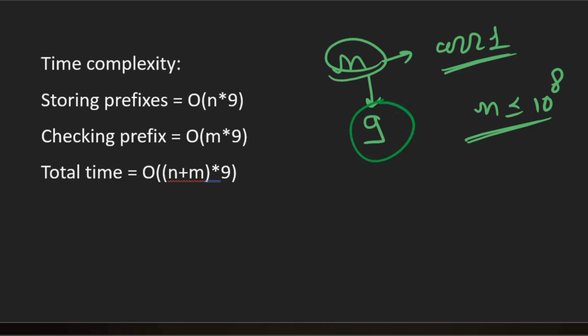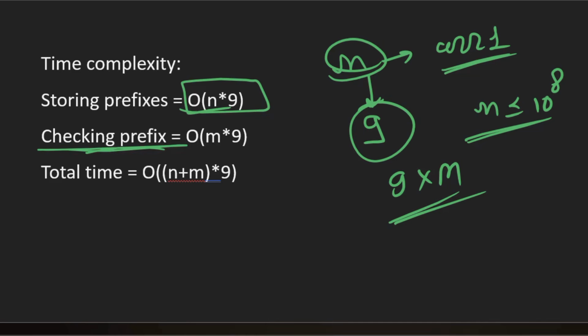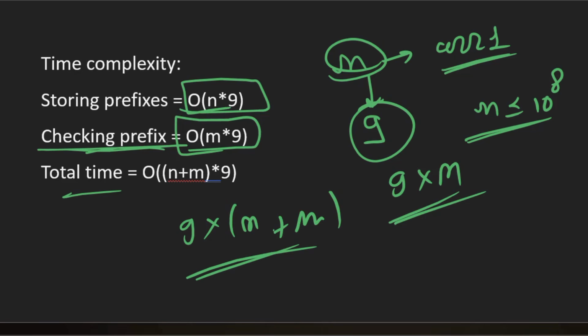So a number can have 9 prefixes, so total prefixes is 9 * n. That's the time complexity for storing all the prefixes. And then we have to check all the prefixes, so for checking the prefixes, again 9 * m. So the total time is 9 * (n + m). n plus m is the total time complexity of this approach.